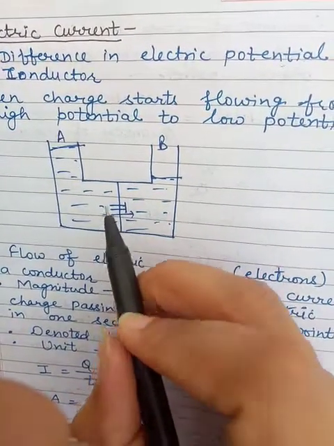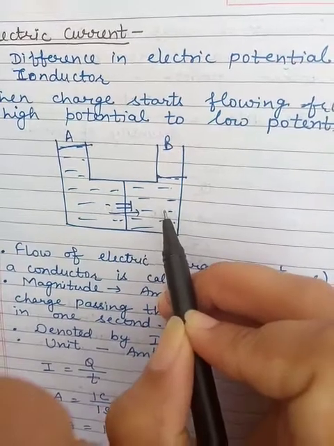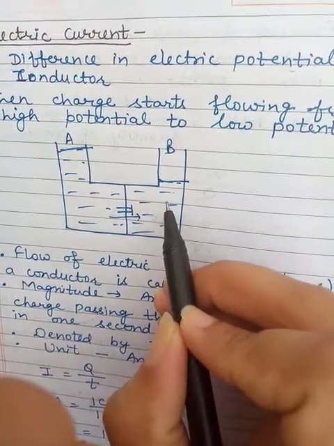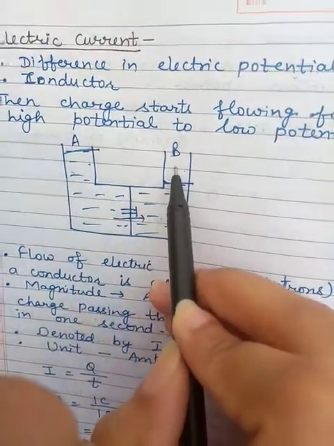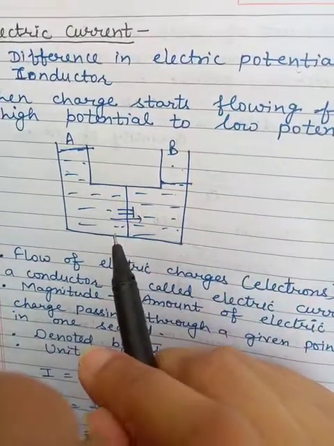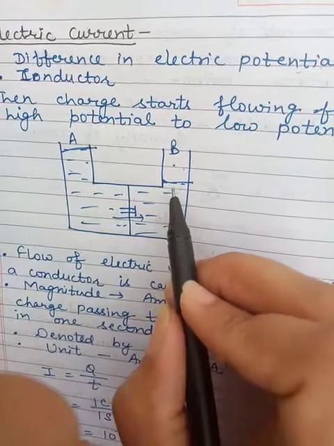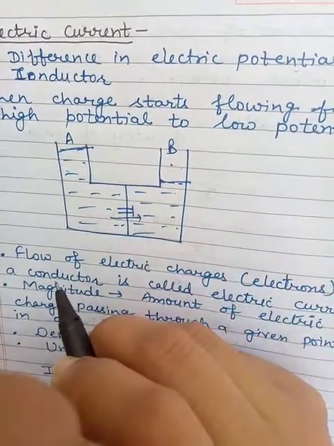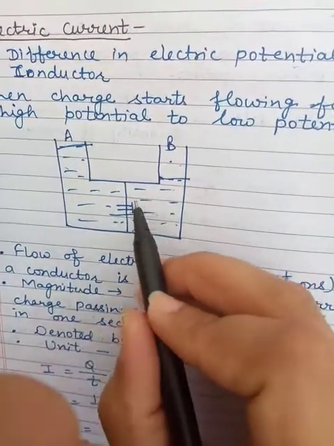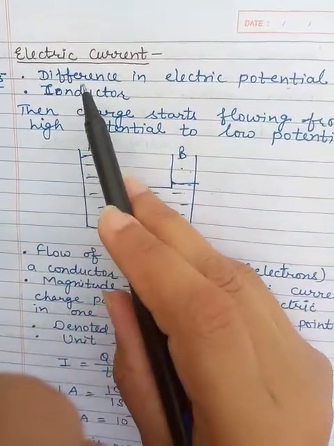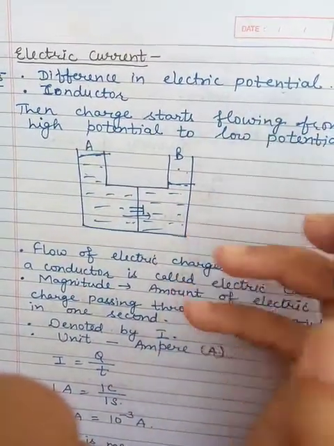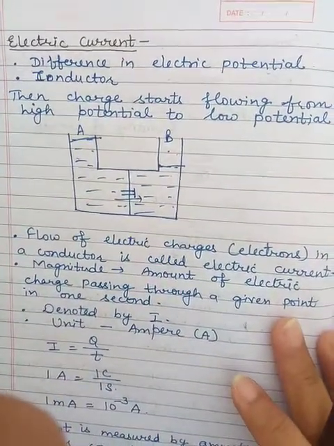And this water continues moving from A to B until the levels of both the arms become equal. If the level of the water in arm A and B becomes equal, then there will be no flow of water. That's why we are saying that there should be a difference in the electric potential.